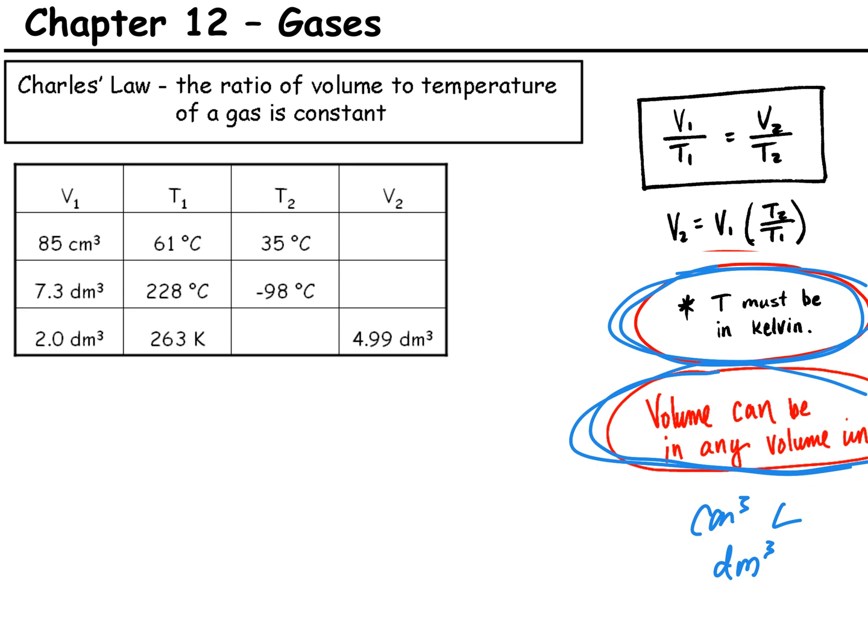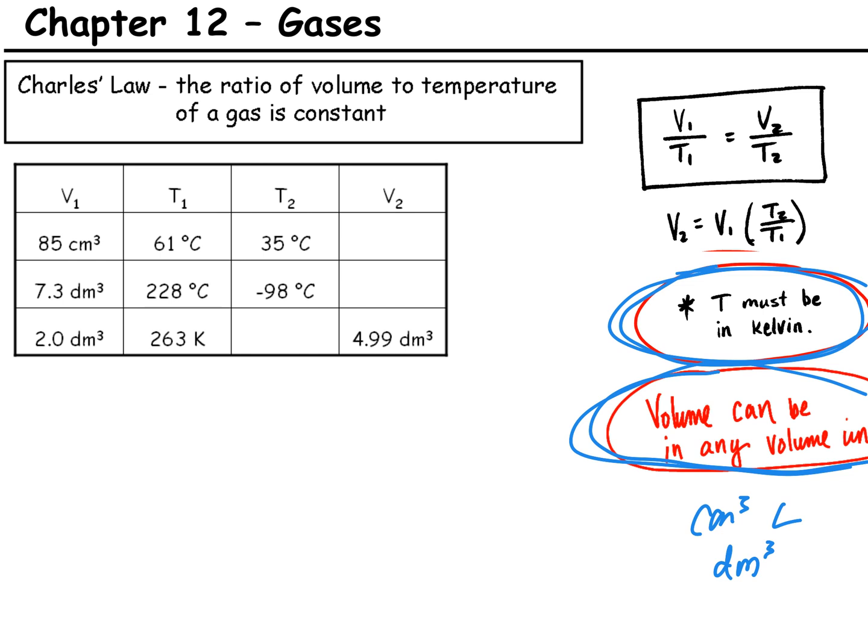It could be in any units. But temperature must be in Kelvin. We have to use absolute scales when doing calculations so that we don't divide by zero. As far as volume is concerned, zero volume, whatever the unit, is an absolute measurement. You can't get any smaller than zero volume, no matter what unit you use.